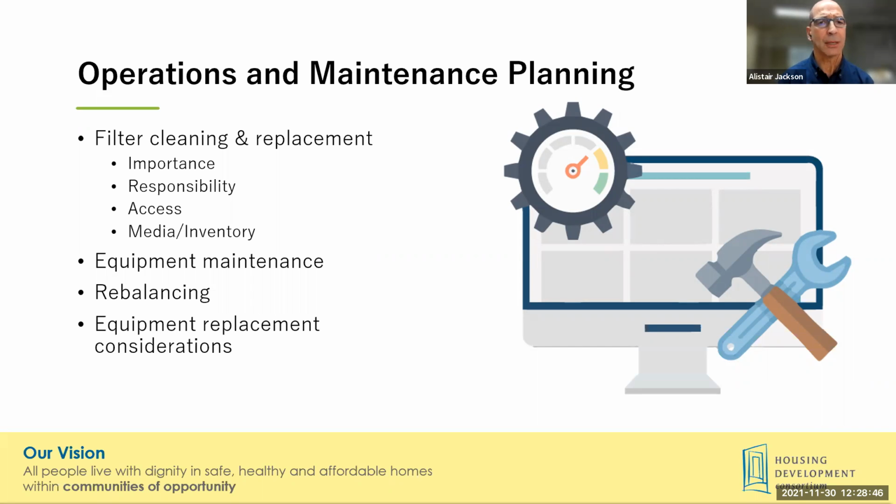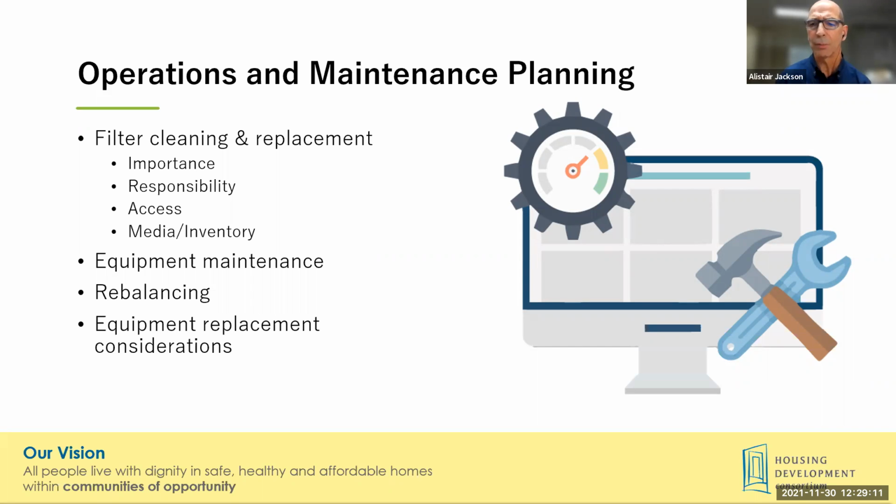So you have to start thinking about how we plan for operations and maintenance, because there are going to be more steps, more maintenance load involved. Can you expect the resident to do any of that maintenance? Are you going to need to get access to every unit if you've got a unitized system? Or can you locate the equipment so it's accessible from the corridor? If the filters are cleanable rather than replaceable, how will you plan the switch out?